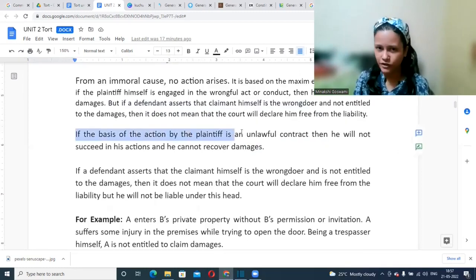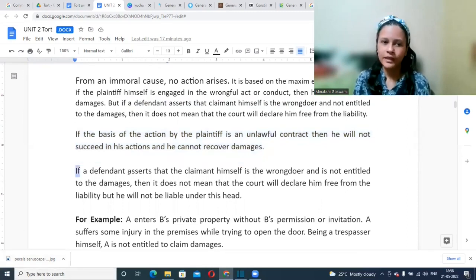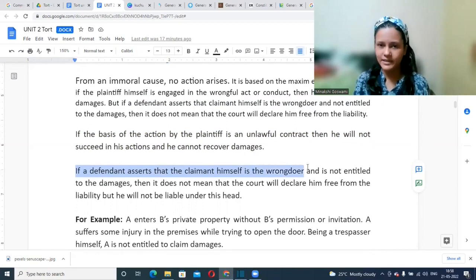If the basis of action for plaintiff is an unlawful conduct, then he will not succeed in his action and he cannot recover damages. Court will not provide him damages if it is proved that he was only doing something wrong. He should be right in his position. That's very much important. If a defendant asserts that the claimant himself is the wrongdoer, he is not entitled to damages.